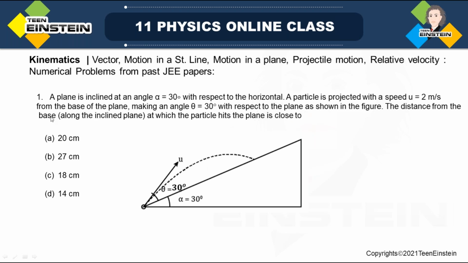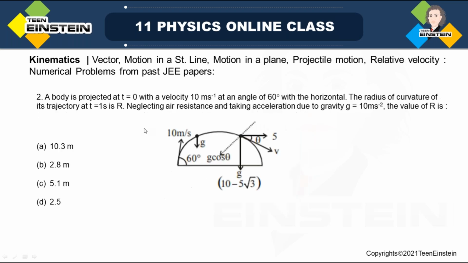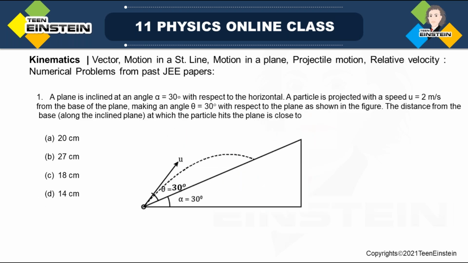You can see one problem here. The first problem says that a plane is inclined at an angle alpha with respect to the horizontal. You can see this is the inclined plane, and the angle of inclination is 30 degrees with the horizontal.